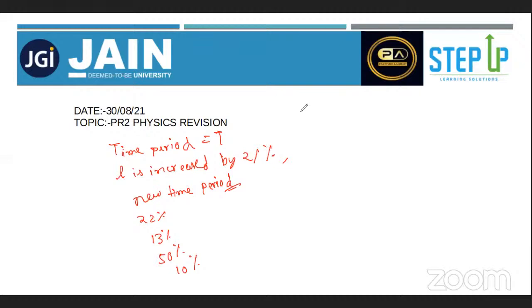Now what I know is T is equal to 2 pi root under L over G. If I square both sides, it becomes T square equals 4 pi square L upon G. Now because they have given us the increase, L is increased by 21%, what we'll do is differentiate this.